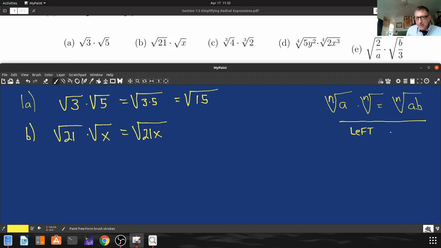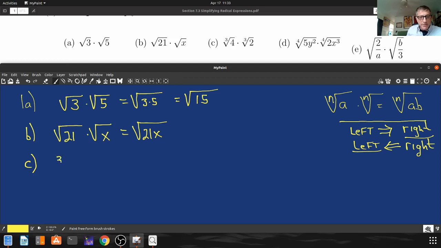We're given something on the left, and then we're producing what's on the right. But every time you have an equal sign, you need to also be able to go, if given something on the right, produce the expression on the left. So we won't see that in this particular example 1, but we will be using that skill later on. We almost always use that skill.